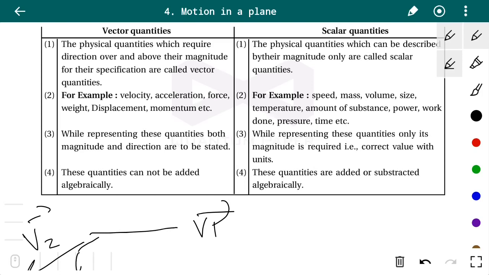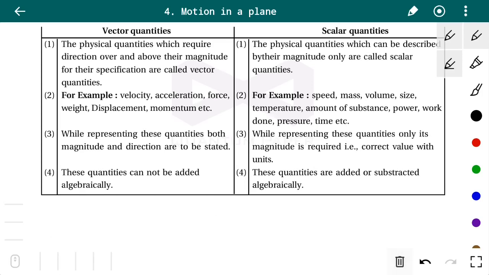So these velocities have different directions, so they cannot be added directly. So this is the difference between vector quantities and scalar quantities. So students, you may write down this important question.